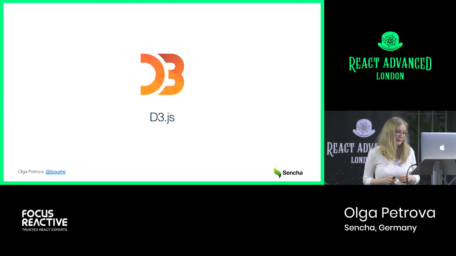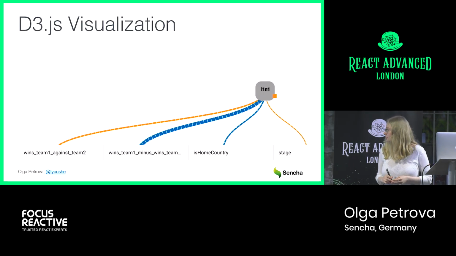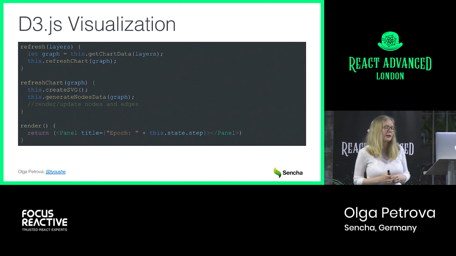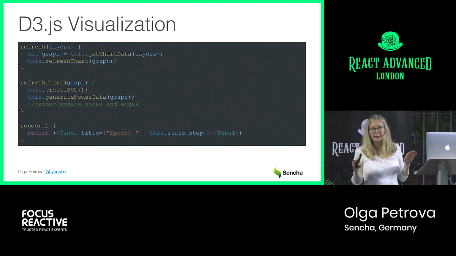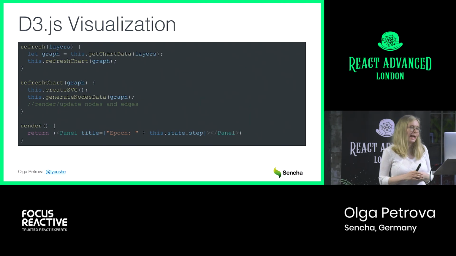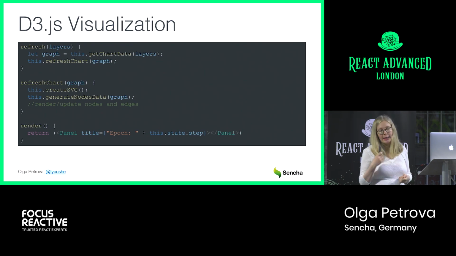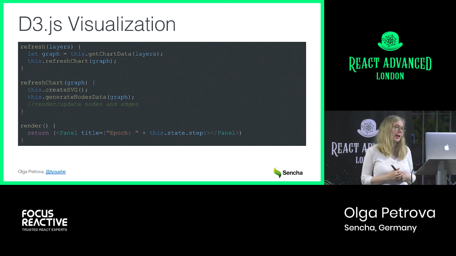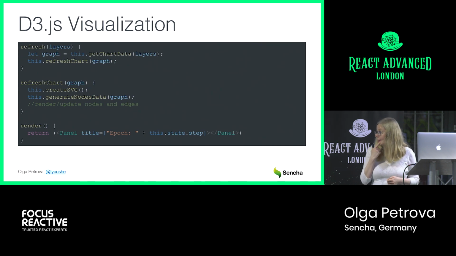So this is the D3.js part, how I actually render this visualization. I will not go into details of this D3.js visualization, since I will just look at this from a bigger scale. I just render a panel component with a header, and define the epoch number as the title for this header. Then I create an SVG inside of my panel.